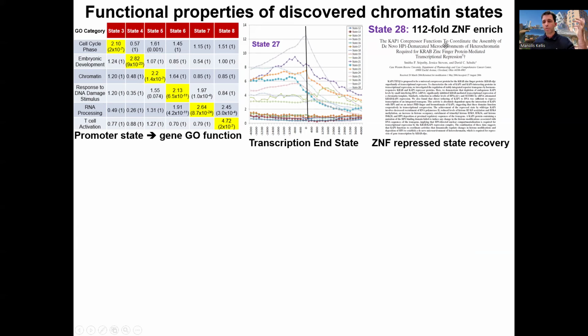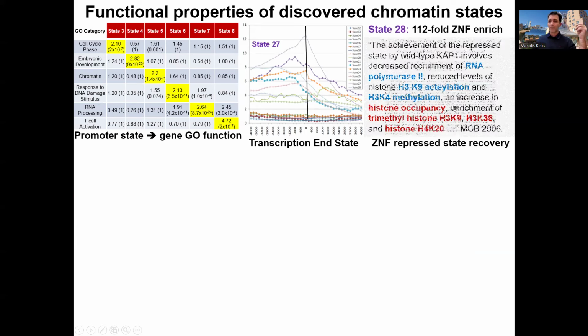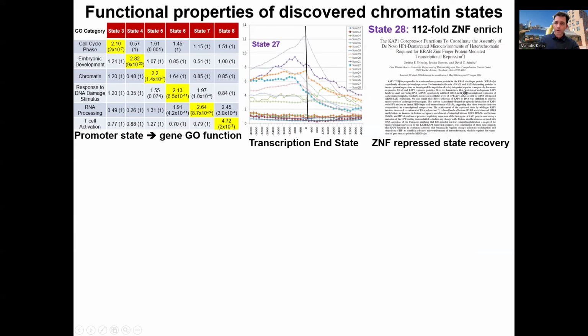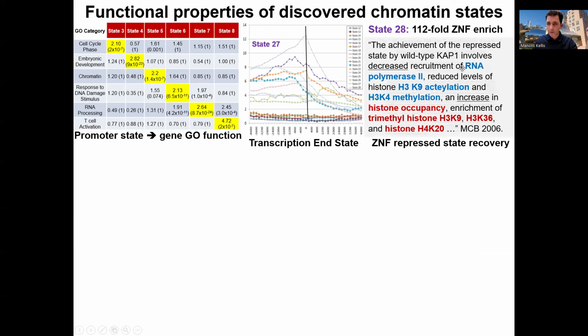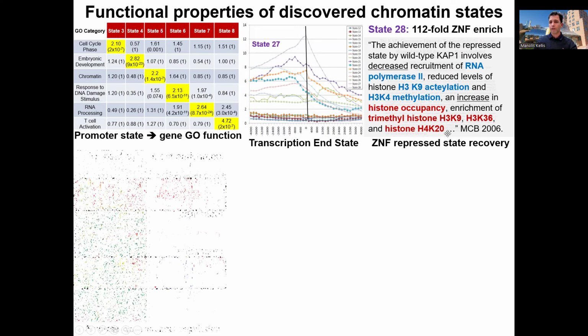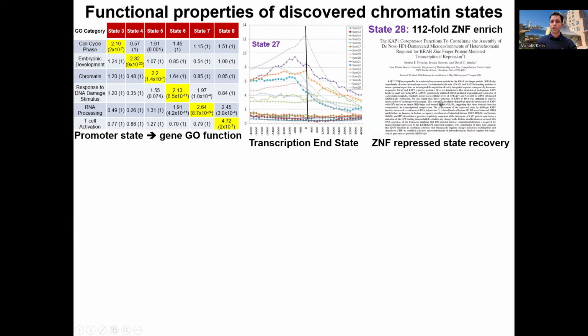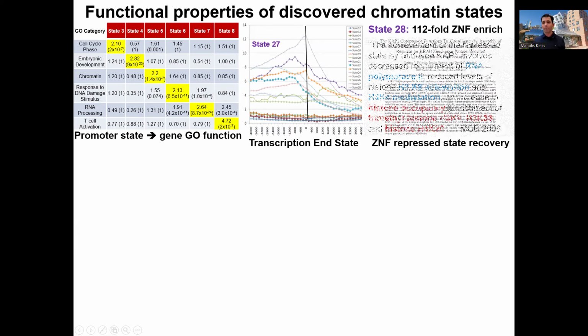But this 100-fold enrichment was basically saying that we could identify these, and there's this whole paper that talks about this KAP1 co-repressor function that has the emission matrix in its abstract. So it's like RNA polymerase 2, K9 acetylation, K4 methylation, histone occupancy, trimethyl histone H3K9, H3K36, and histone H4K20. It's kind of cool, right? This is not some obscure paragraph in the paper. This is the actual abstract of the paper.